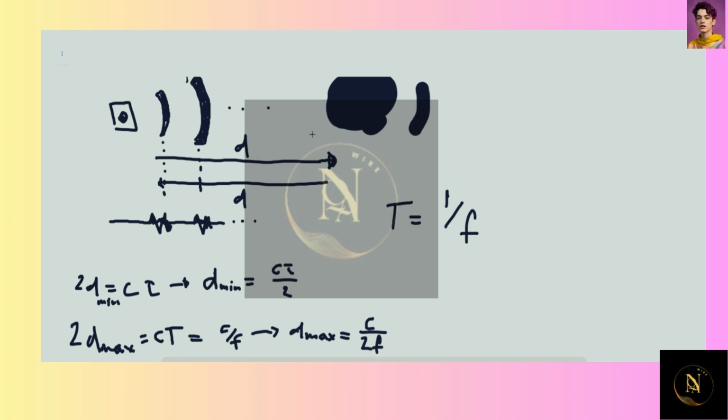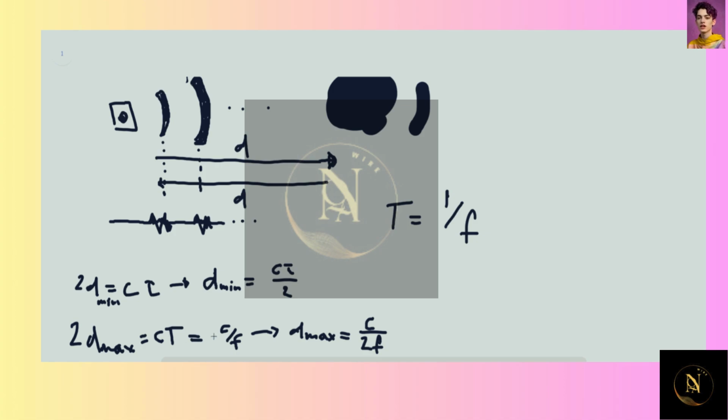So this way, there's a maximum distance at which you can detect objects. And that is given by 2 times the distance to the object being equal to the time pulse period times the speed of light.